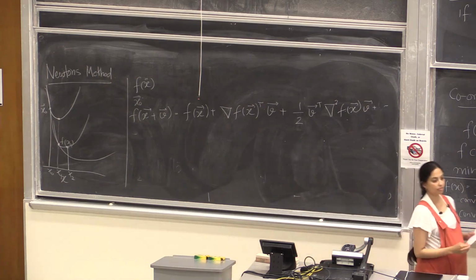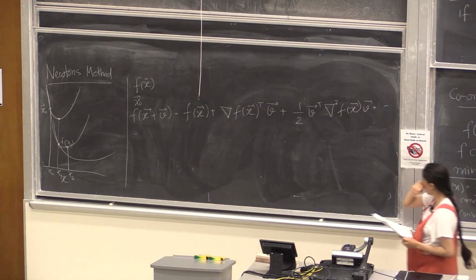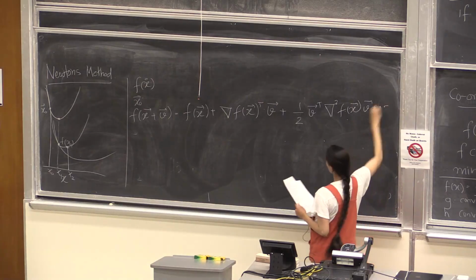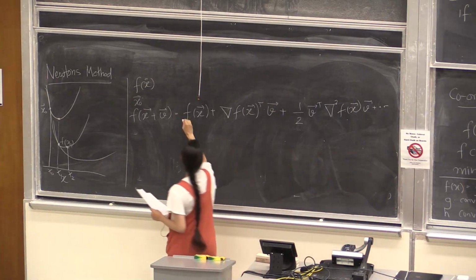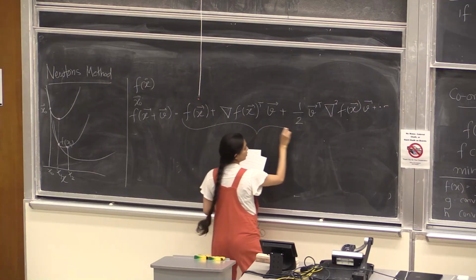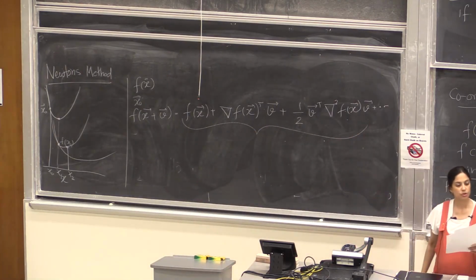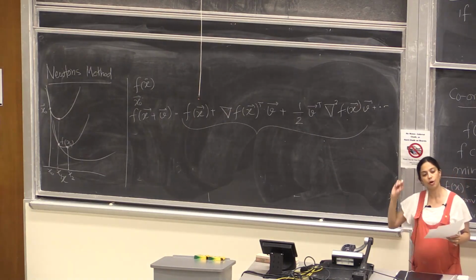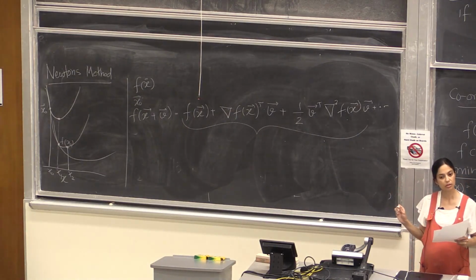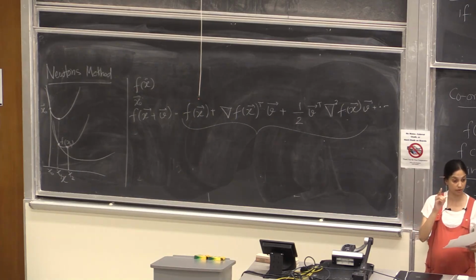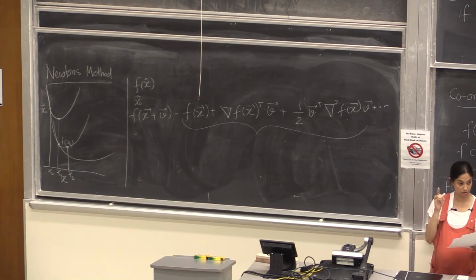This is what I now have. Of course, if I want the quadratic approximation, I'm going to ignore these dot, dot, dot terms. And now I have this thing. Okay? So now this is a quadratic in what variable? V, right? V is the variable here. Okay?